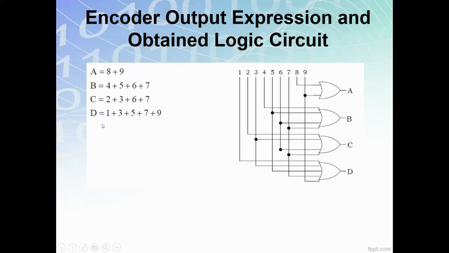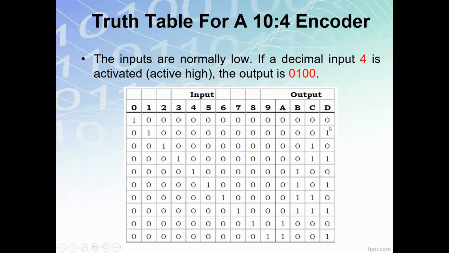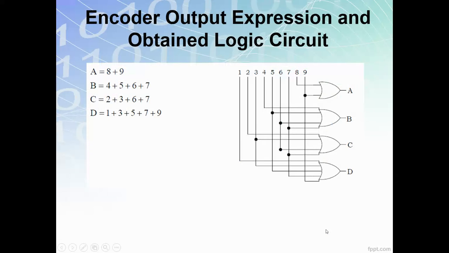Okay, and then how about D? Untuk D kita ada banyak, kita ada 1, 3, 5, 7 dan juga 9. Okay, so kita punya D akan ada 1, 3, 5, 7 dan 9.